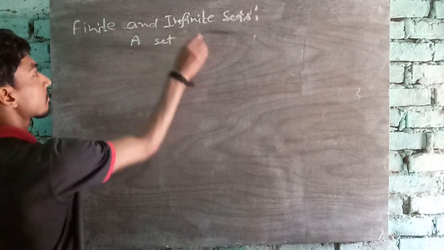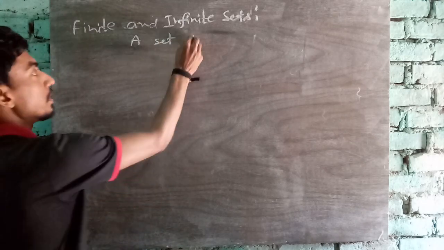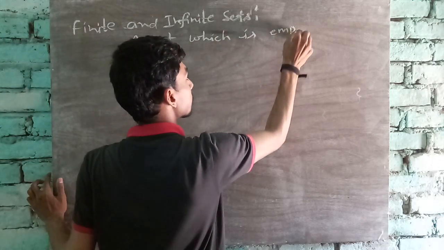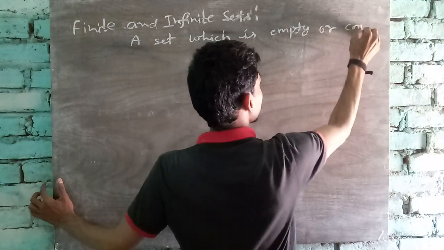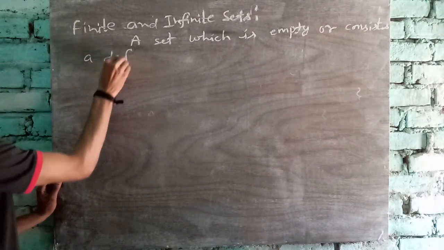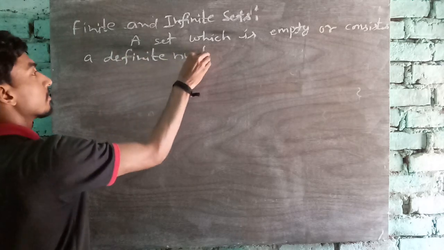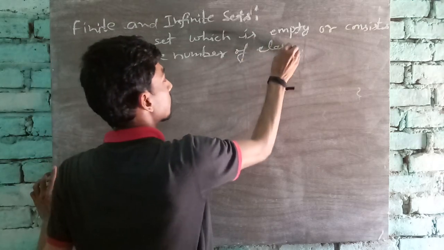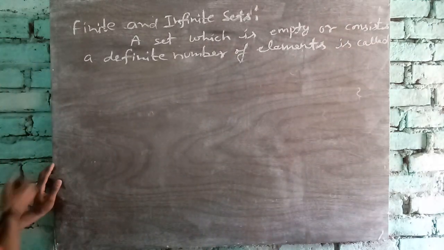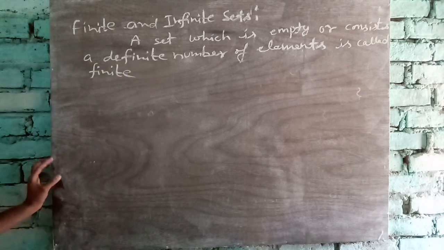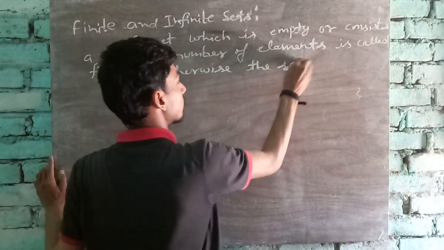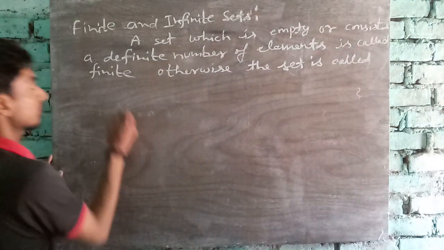A set which is empty or consists of a definite number of elements is called finite. Otherwise the set is called infinite.